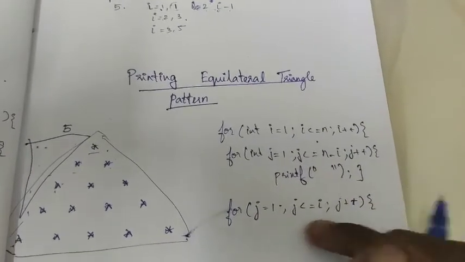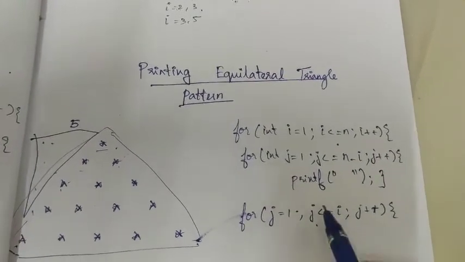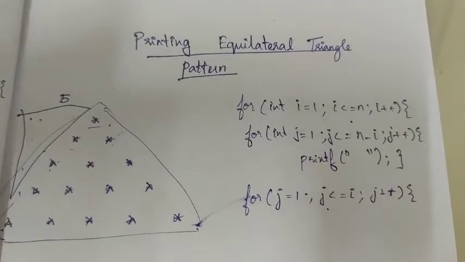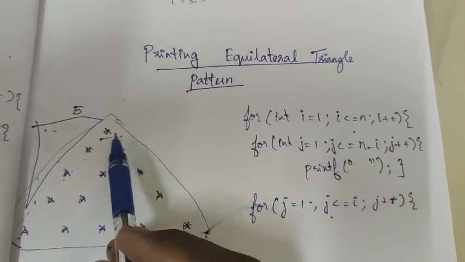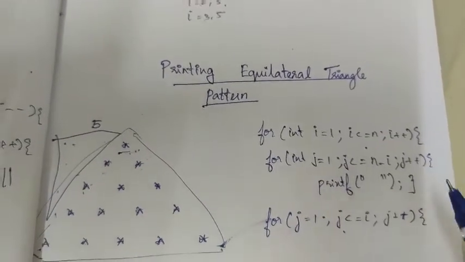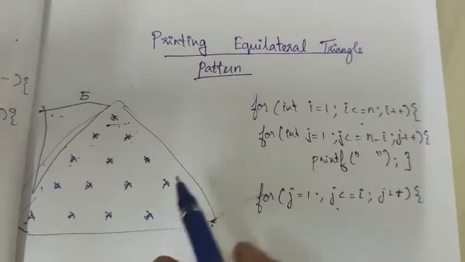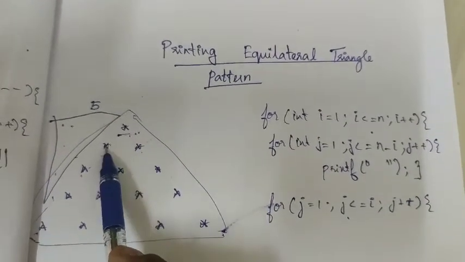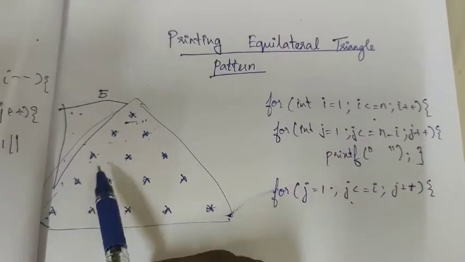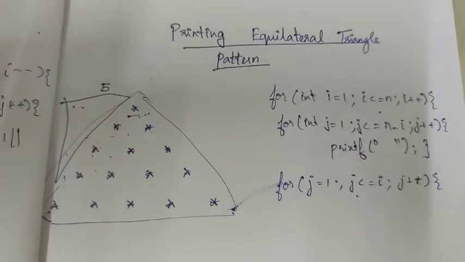See why I am writing this condition: in each row the maximum number of stars doesn't exceed that particular row number, right? So in the first row the number of stars doesn't exceed 1. In a similar pattern, in the second row I get only 2 stars, in the third row only 3 stars, in the fourth row only 4, and similarly in the same fashion.